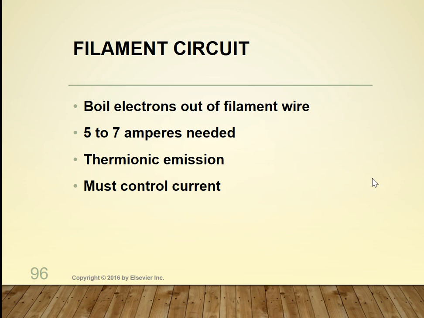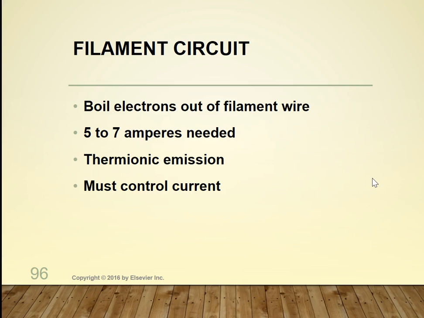Normally, a large filament current of 5 to 7 amperes is required to produce a tube current in the range of milliamperes. The thermionically emitted electrons are needed for X-ray production and represent one more step in the manipulation of electricity.